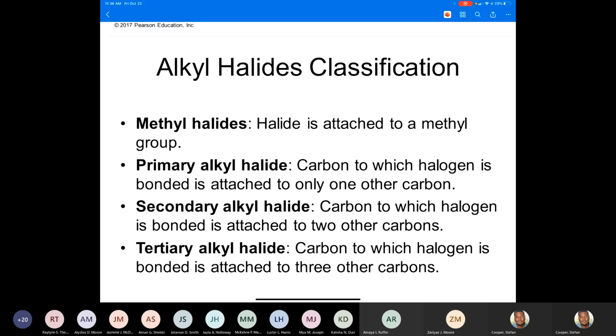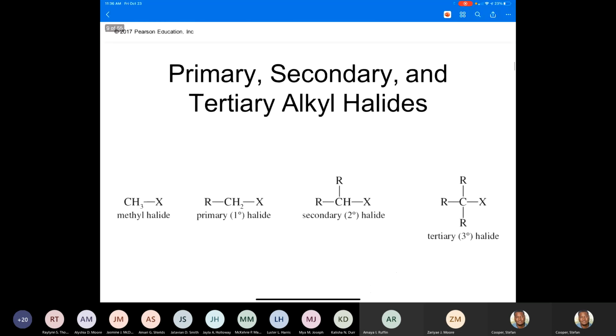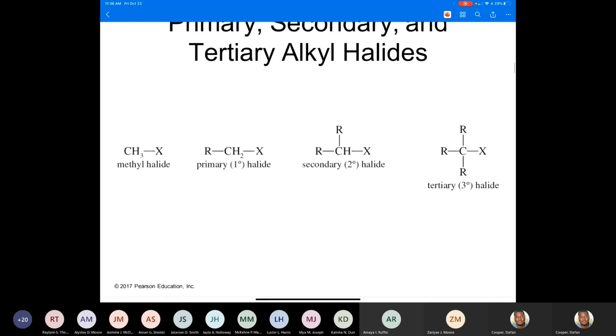So be prepared to identify primary, secondary, tertiary, as well as methyl halides. The next slide just reveals how these look, and you can also count the number of hydrogens to help out if you need to.